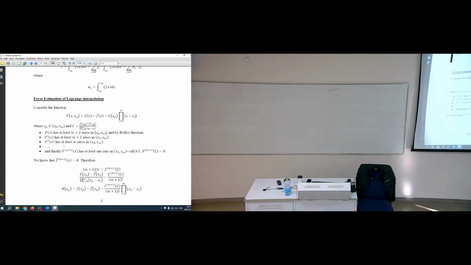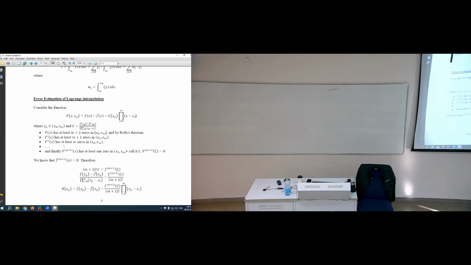So at this point xi, I have this, because the derivative equals 0. And this c that I know equals the m plus 1 derivative of f at xi divided by m plus 1 factorial. So, therefore, I know now that f minus f hat equals this.